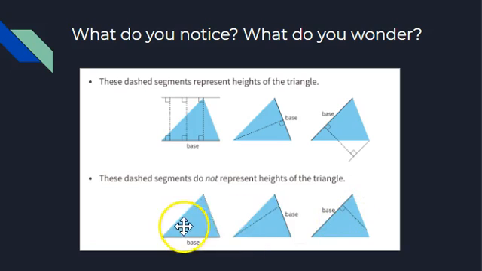Notice here, these are some non-examples. They've got a dotted line, but they're not right angles. This last one does show a right angle, but what's the problem? Yeah, do you see how it doesn't quite all go up to the actual tallest part of this triangle?